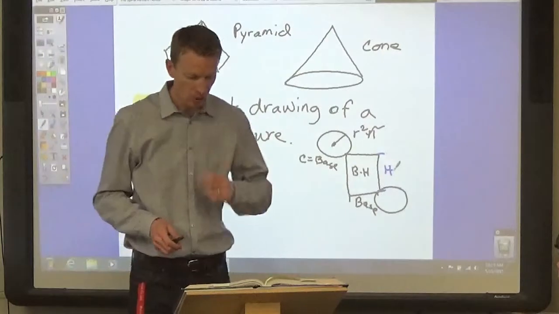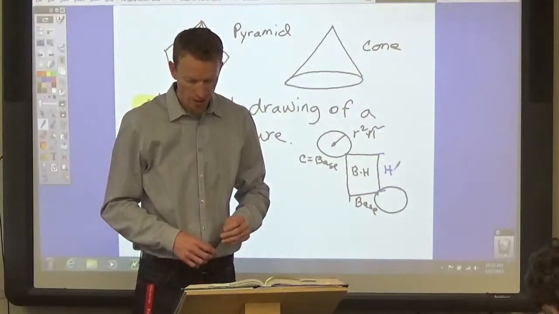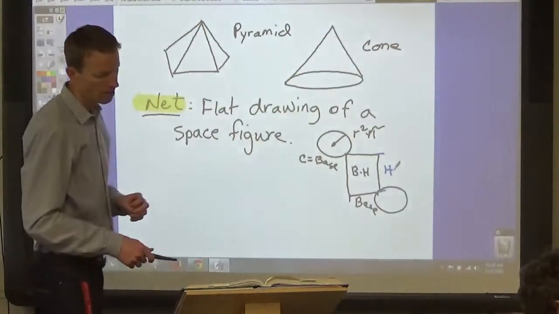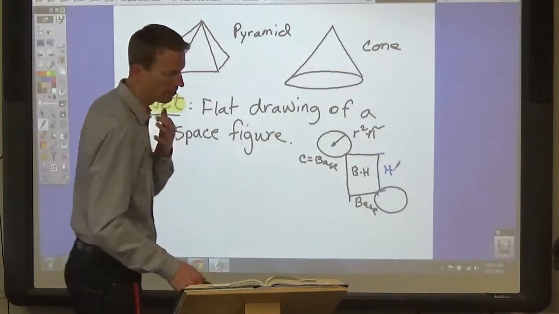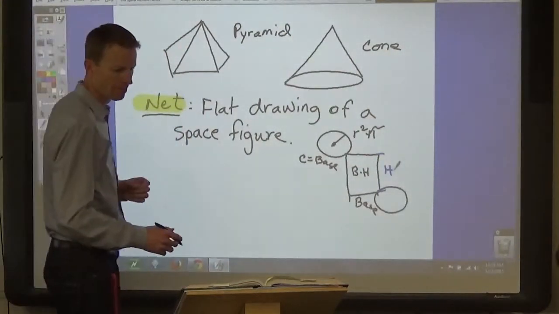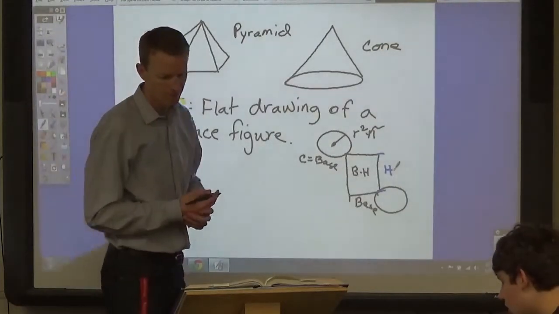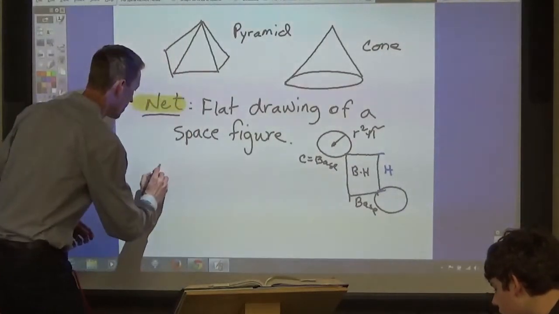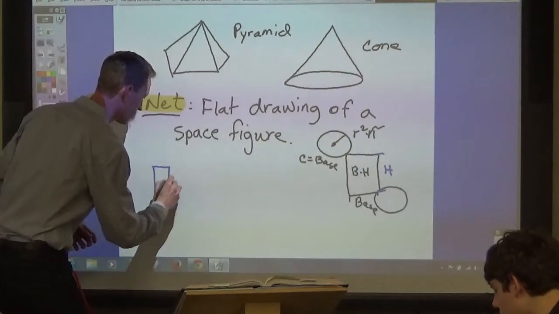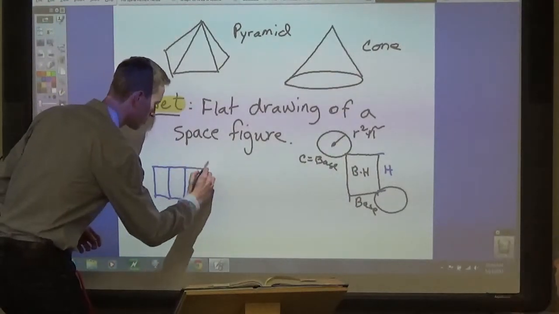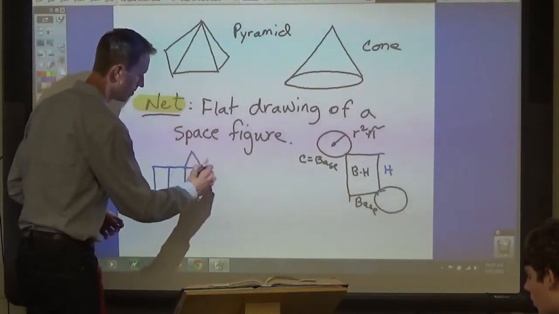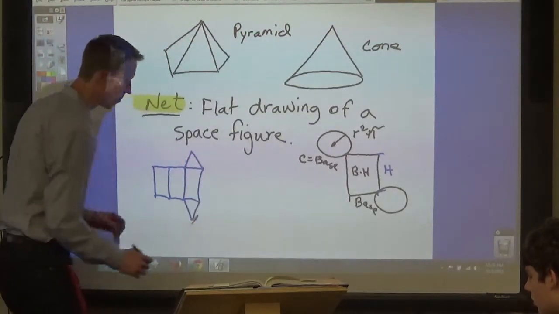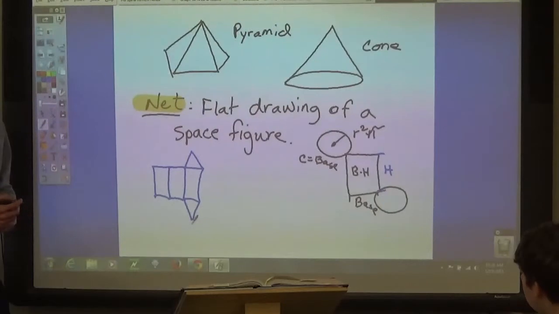Yeah. So, there's some other kinds of nets. Look at page 546. There's one that looks like this. What would this be the net drawing of?